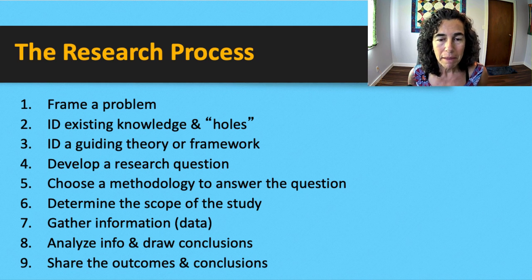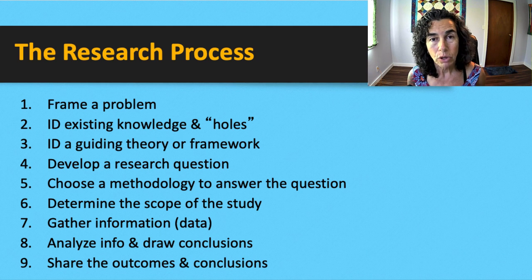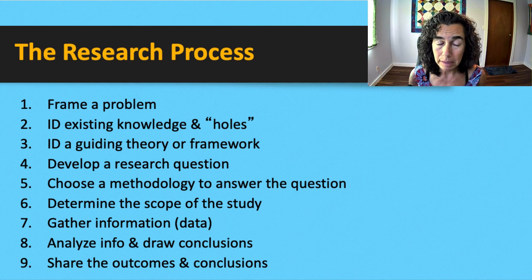5, we choose a methodology to answer the question. So what type of research, what design might be best to answer the question that we've asked? 6, we determine the scope of the study. Am I going to do a small pilot study? Am I going to do a national study? Am I going to do an international study?